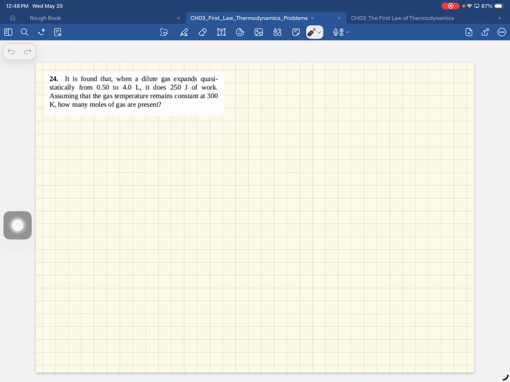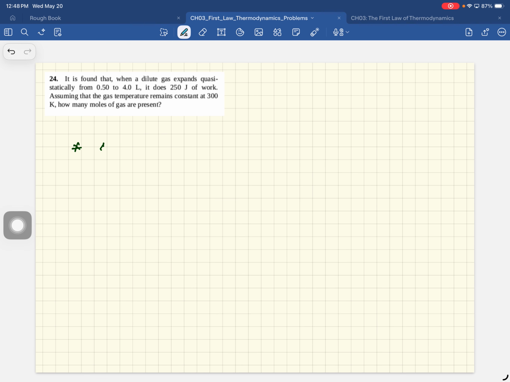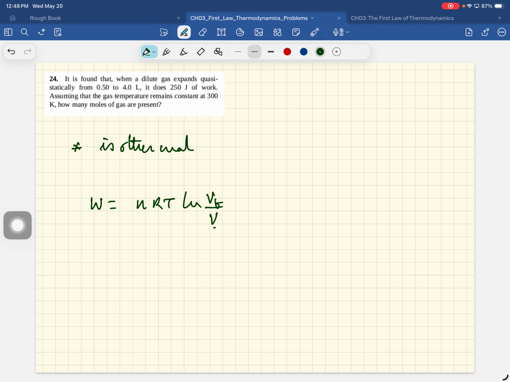Until the volume is doubled. So this is 10 liters. Then it's cooled isochorically. Isochoric is also a different word for isovolumetric. So this is 10 liters and 1 megapascals.